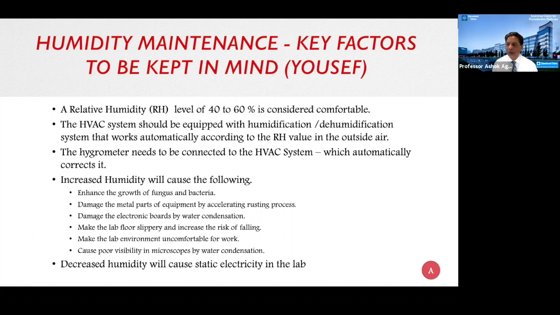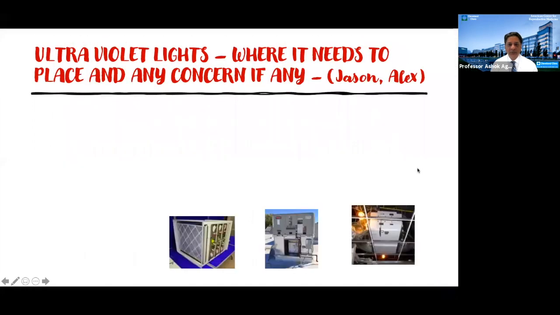Let's move on to the next set of questions. Here we have the concept of ultraviolet light and where it needs to be placed, and what the concerns are.